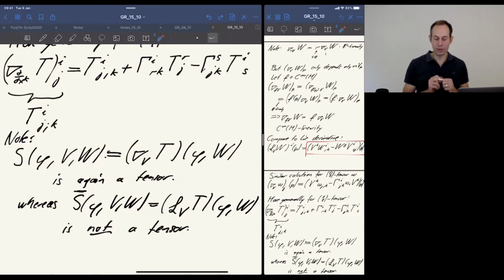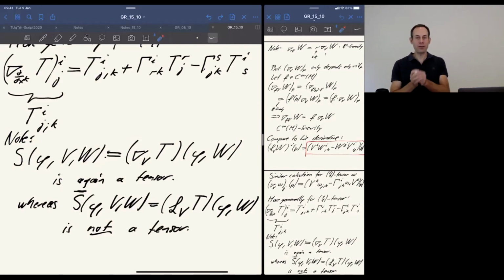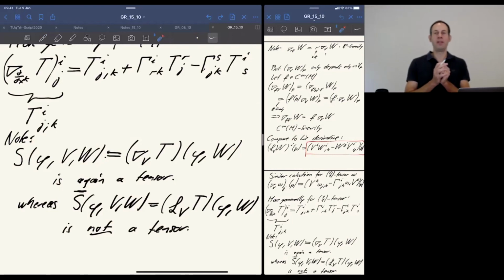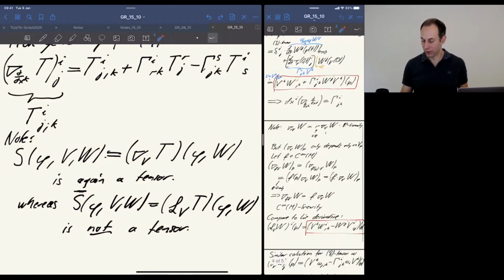That's an important property of a tensor, and that's why you can really think of a tensor field as a field of tensors, where at any point of the manifold you have a tensor. Without this C infinity linearity, that interpretation would not hold. It's really this C infinity linearity that makes this true, for the reason I mentioned when I did this little calculation before the break.